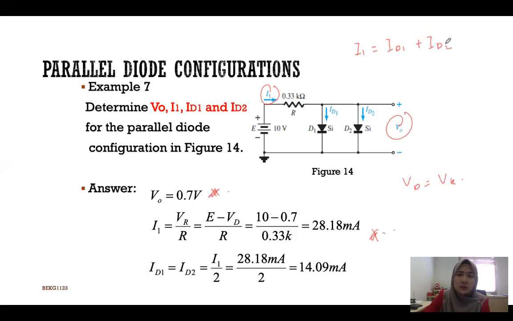So I label this as ID1, and it becomes 2 ID1. So ID1 is actually I1 divided by 2. Same for ID2. So you will get 14.09 milliampere.